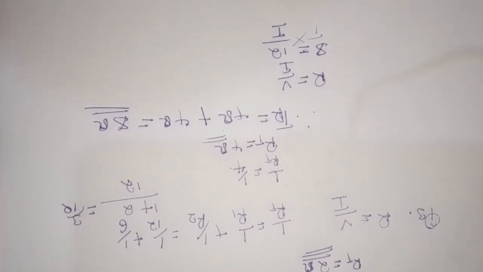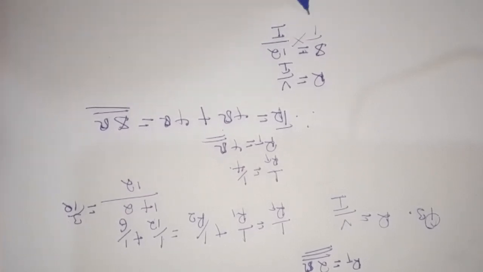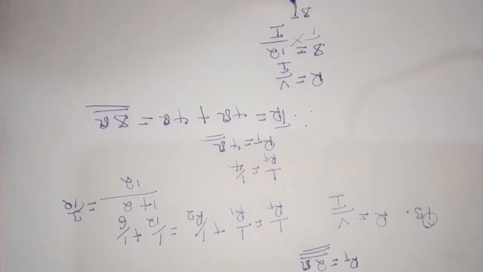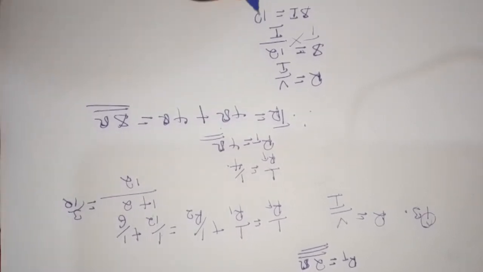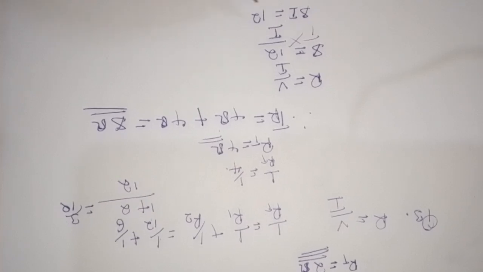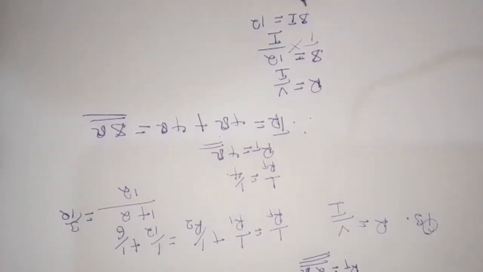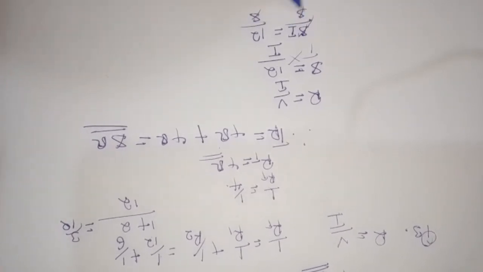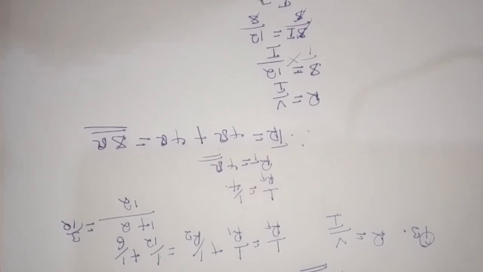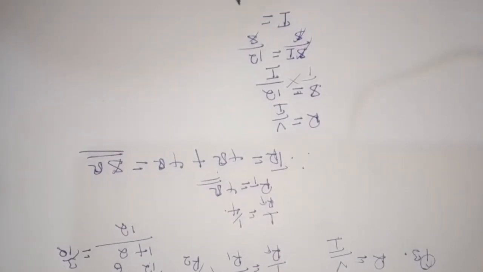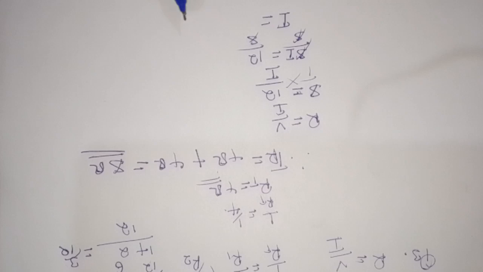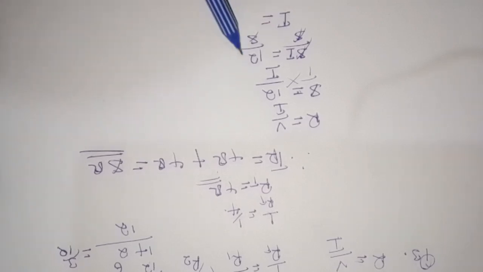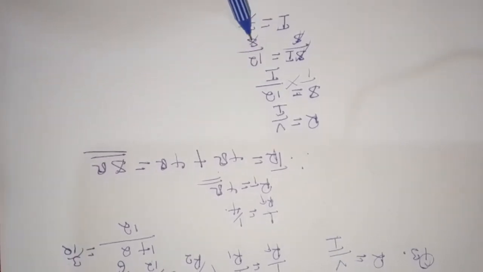This one times this one, 8 times I is equal to 12. Then we divide by 8, we divide by 8. This current is equal to, when we simplify or reduce this, 4 into there it's 3, 4 into there it's 2.